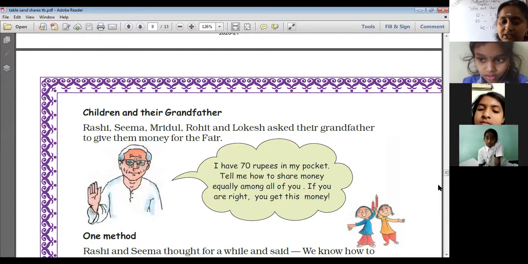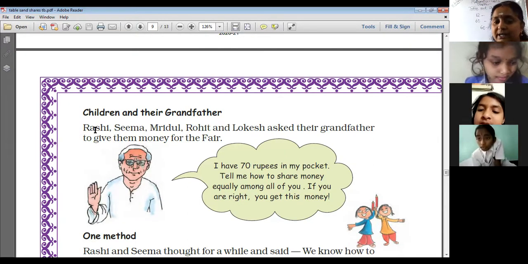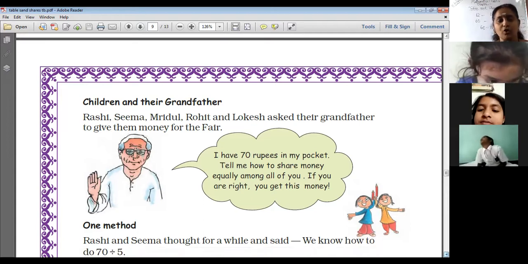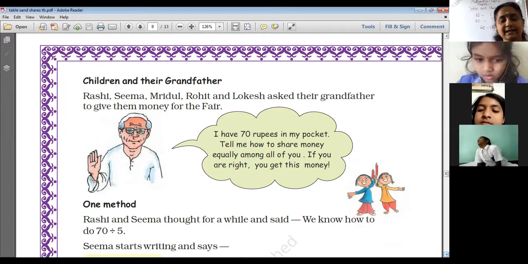If you are right, you will get this money. So total how much money does grandfather have? 70 rupees. So how many children are there? 5 children are there.